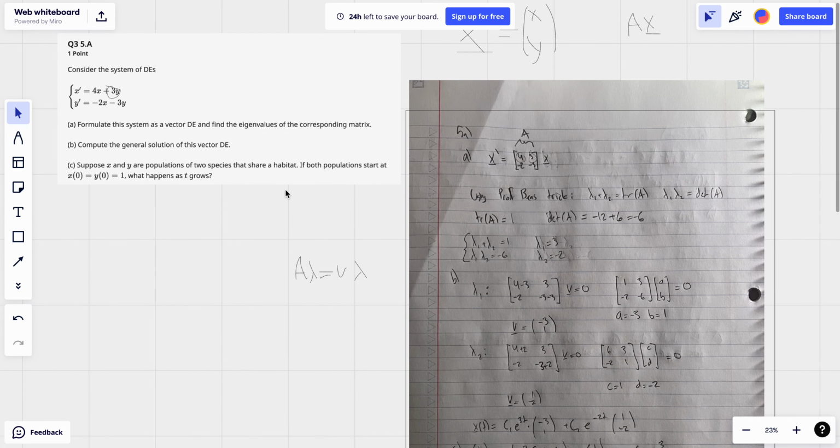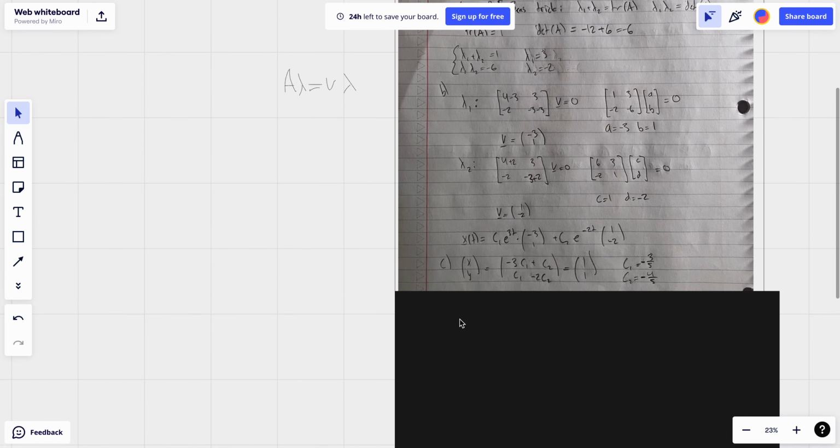Part C is: suppose that these values represent populations of a species. If both the populations start at 1 at time equals 0, what happens as t grows?